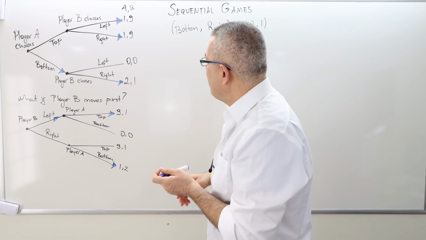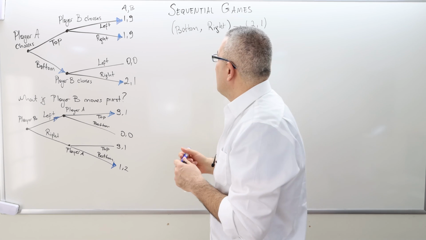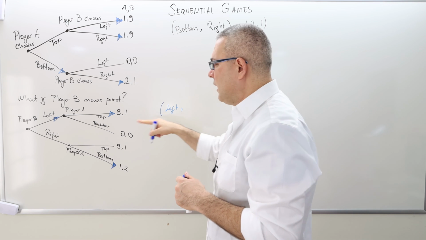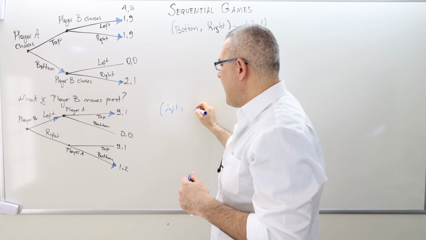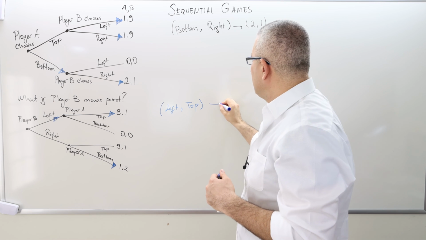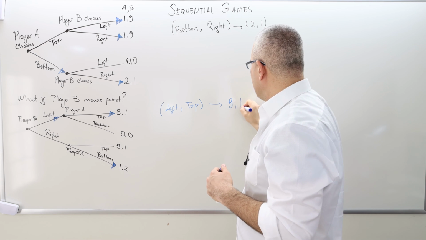So the backward induction solution of this game, if we change the timing between the players, is left for player B and top for player A, with the payoff of 9 and 1.